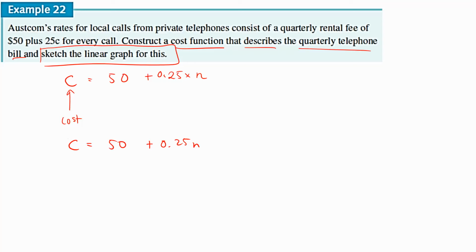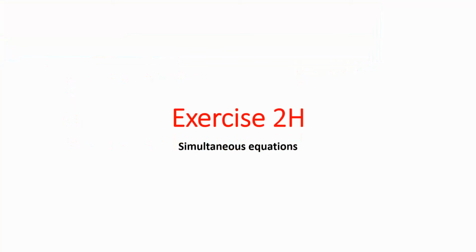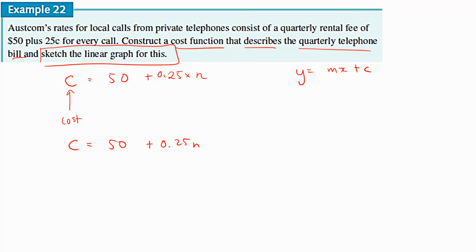0.25, because you see, when you write y equals mx plus c, all you're really saying here is, whatever you're multiplying, what's the variable? Our variable is number of calls. Our y-axis is the cost. So this is our cost, the variable depending on how many calls you make.